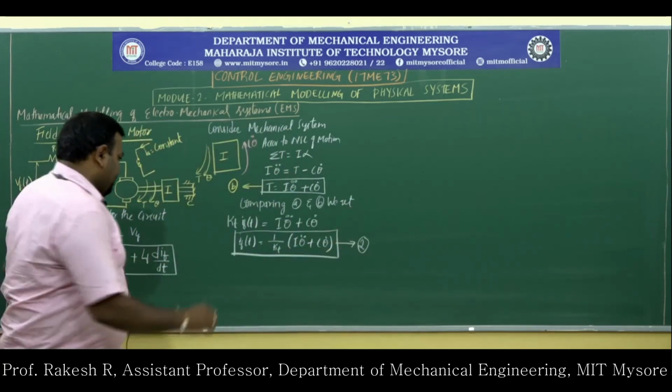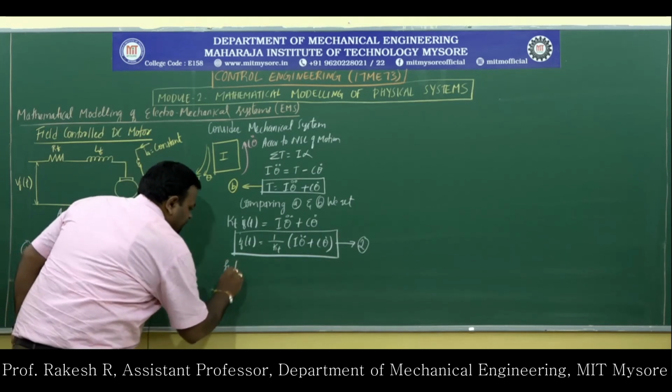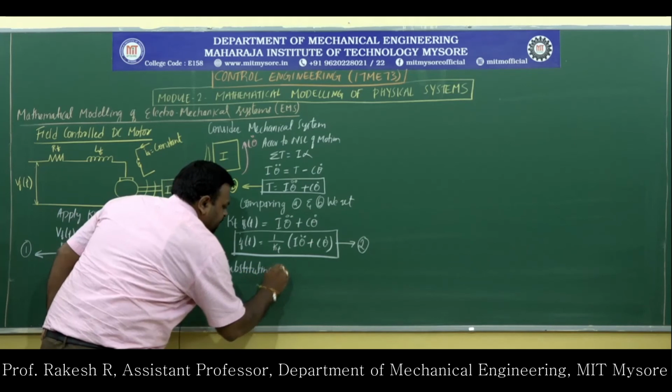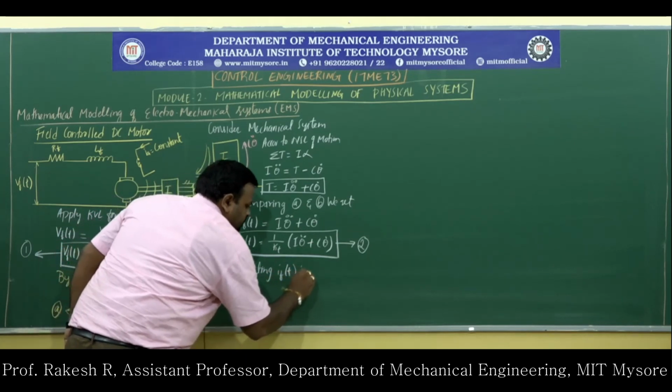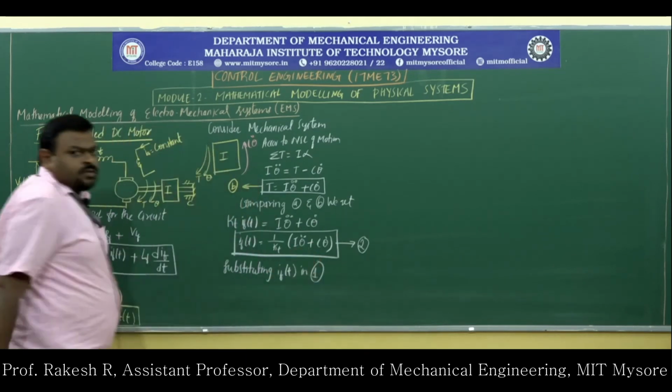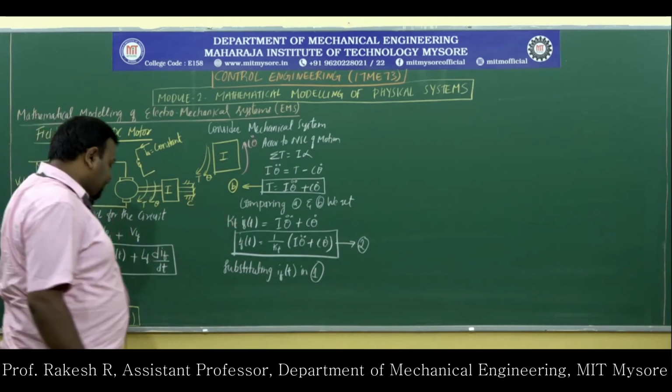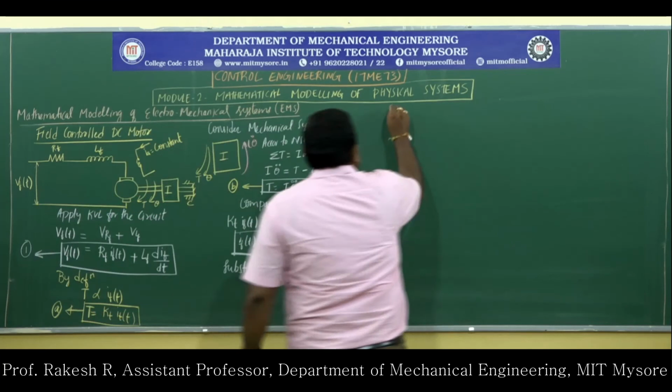I will be replacing the value of If of t in 1. So I will be equating the value of field current in equation 1. What will I get?